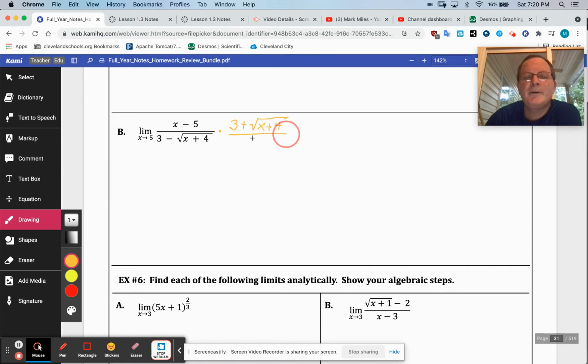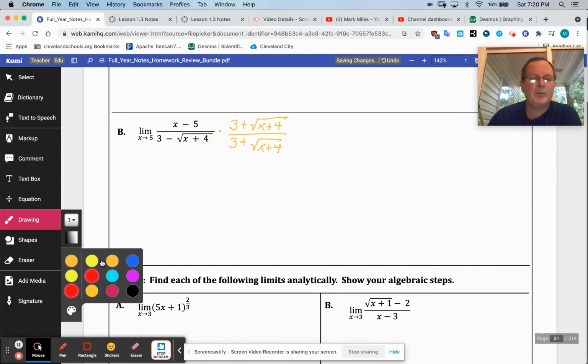And denominator, 3 plus the square root of x plus 4. Now, recall when we did one like this in class, the part where you're actually multiplying the conjugates is pretty cool.